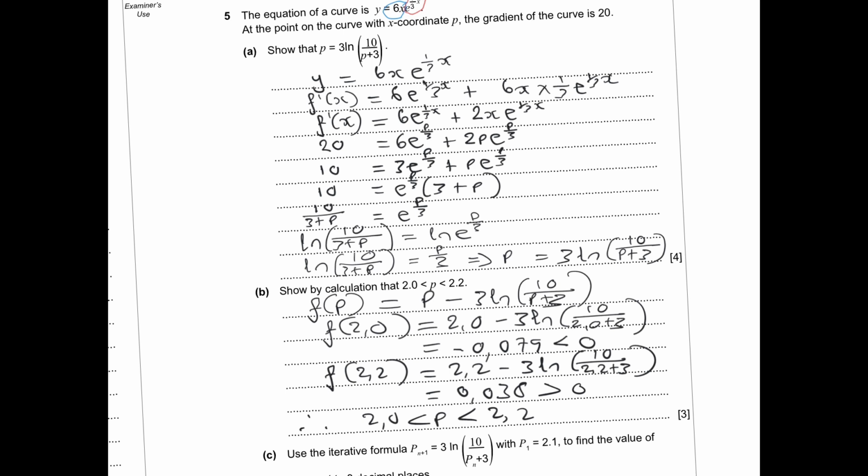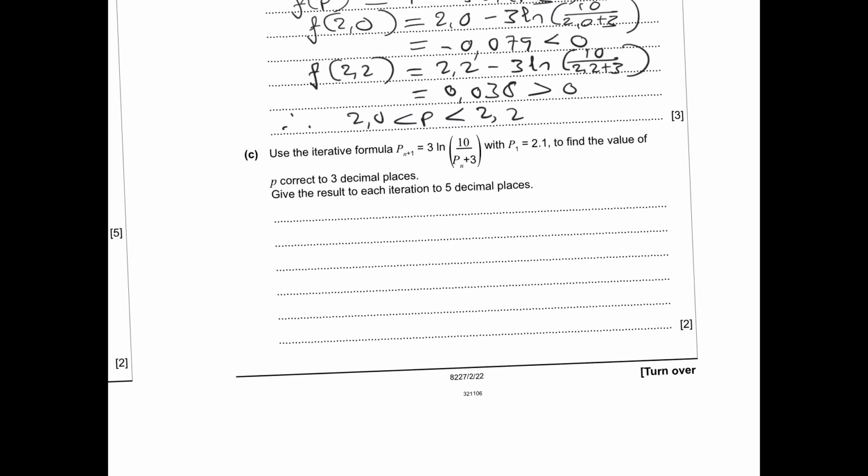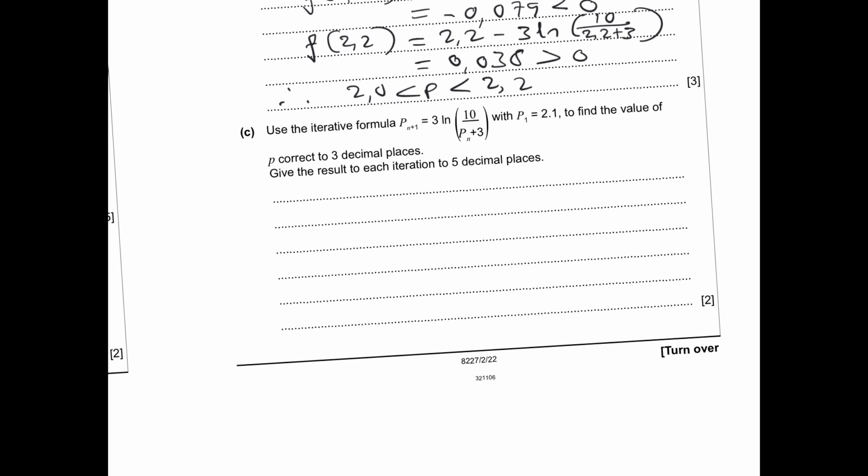All right, and then the next part of the question. The question is saying use the iterative formula. There is the iterative formula already, it's derived for us, with P1 being 2.1, to find the value of P correct to 3 decimal places.